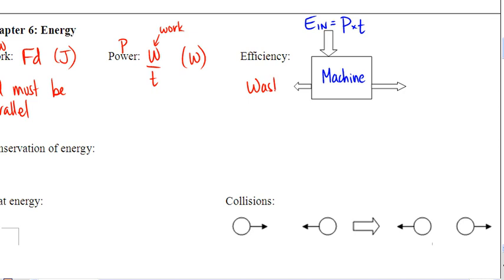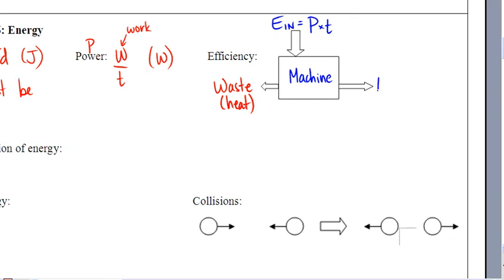We'll find that the efficiency is always less than 100%, and that waste energy is just some heat. All motors are going to get warm. Then we need to ask ourselves, what kind of useful energy comes out of this machine?